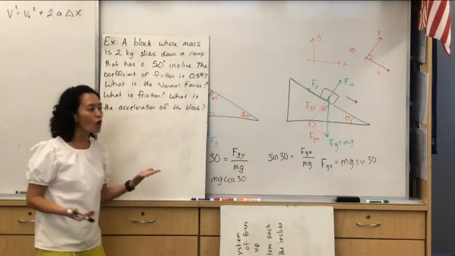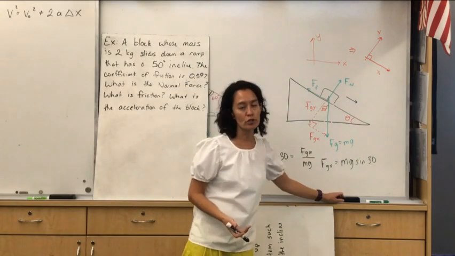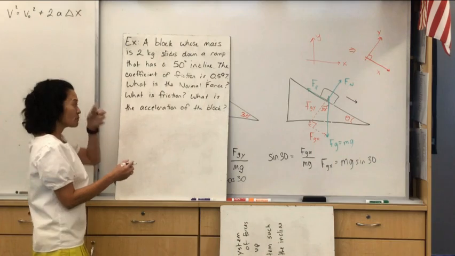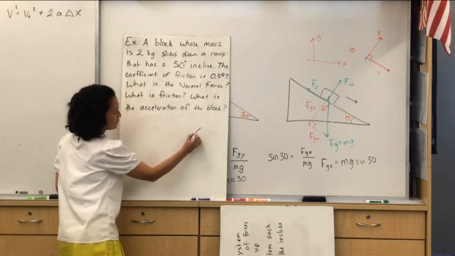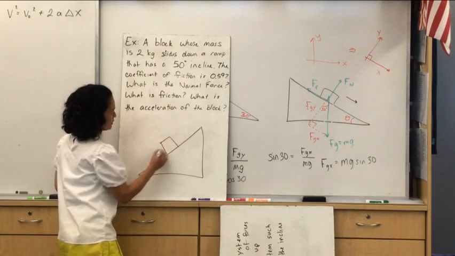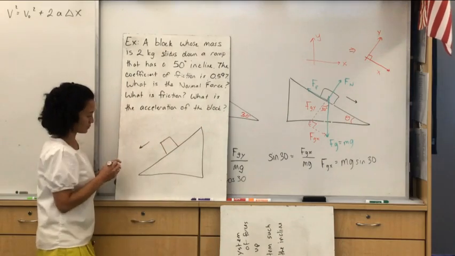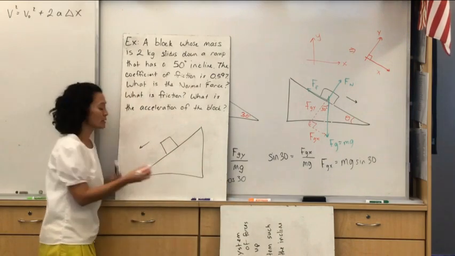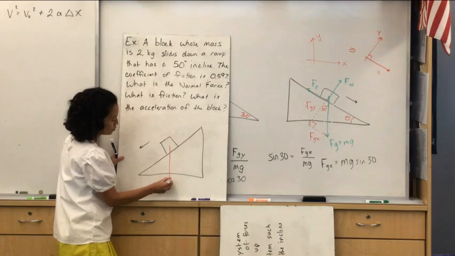So just like all force problems, the first thing we're going to do is draw a force diagram. Draw the free body diagram of this thing. So just to mix it up, I'm going to draw my incline the other way, just so you get experience. Here's my block. It's sliding down. Let's draw our forces. So start with weight. Weight goes straight down.